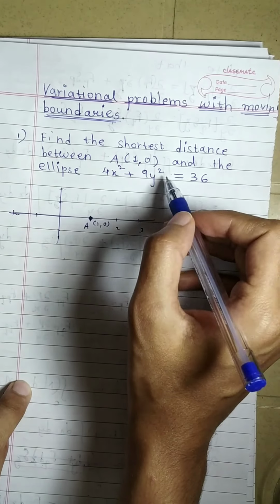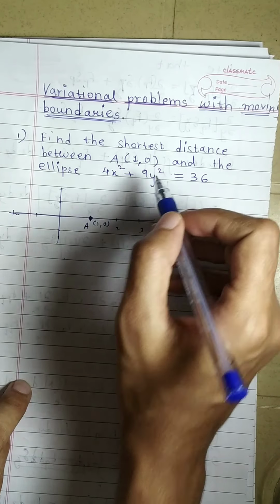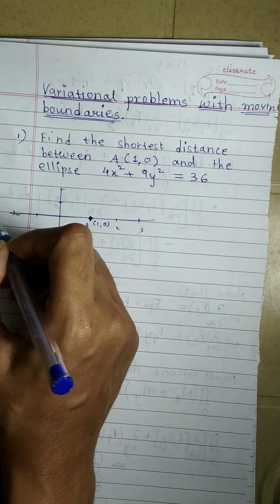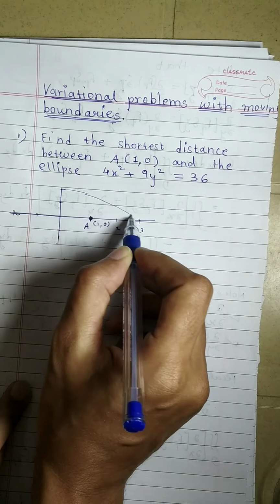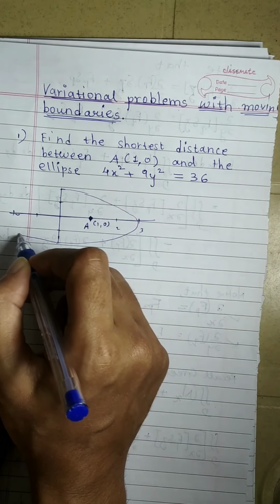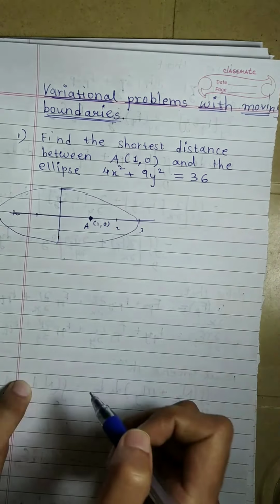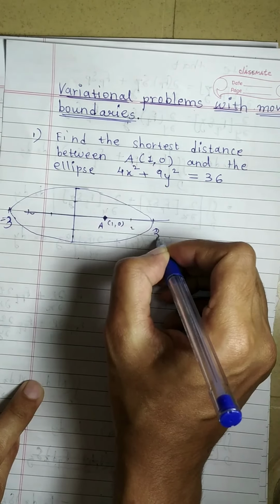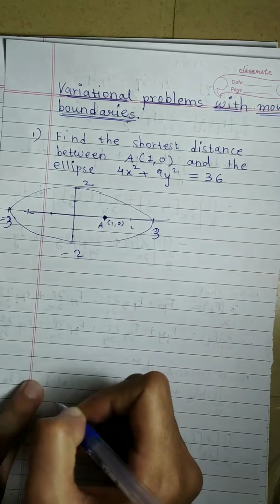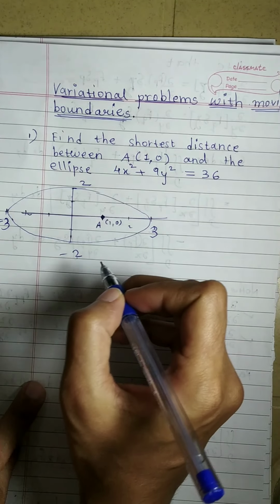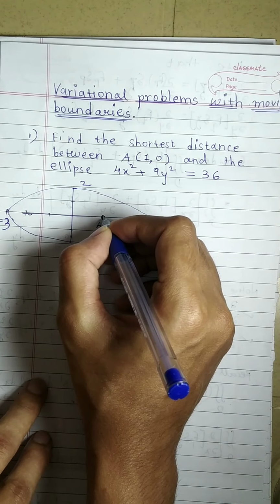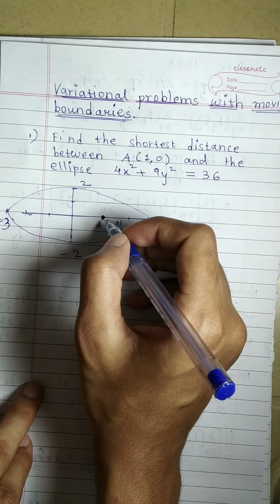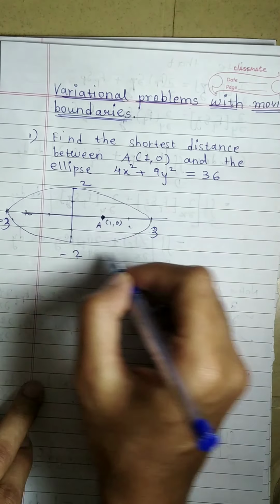Okay, so if I plot this ellipse, it will be on the x-axis, this 3 and minus 3. It is the ellipse of this form, where this is minus 3, plus 3, 2, minus 2. Okay, and from this point we want to find out the shortest distance on this ellipse.